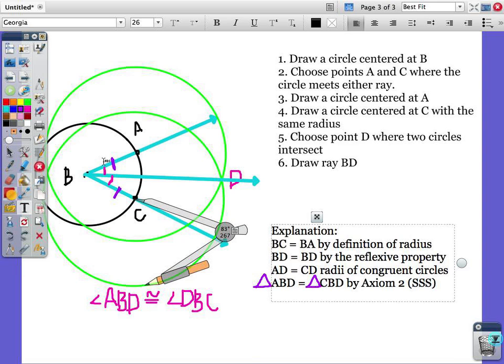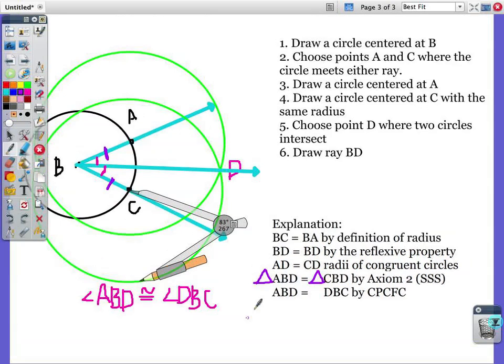Are they corresponding? Yes, they're corresponding parts of congruent figures. So what does that say about this angle and this angle? They're congruent. So we have angle ABD congruent to angle DBC by corresponding parts of congruent figures are congruent.